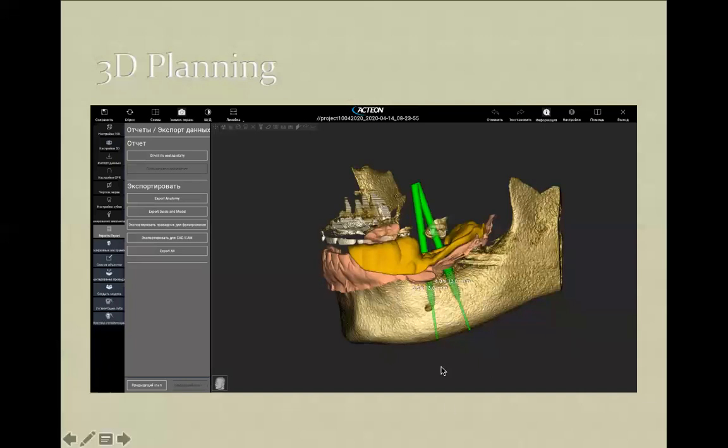So you can trace the nerve, which will be very precise because you're within the 3D anatomy and you're within the channel. You can place your virtual implants, as you can see here is a 4.0 diameter, 13 millimeters. This is a 3.5 diameter, 13 millimeters.